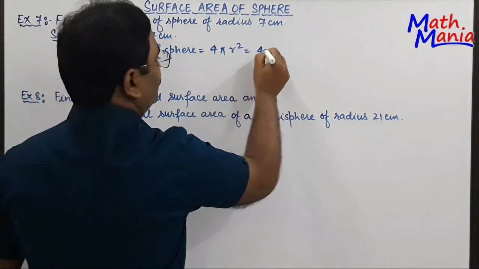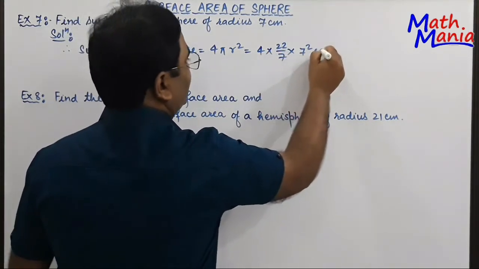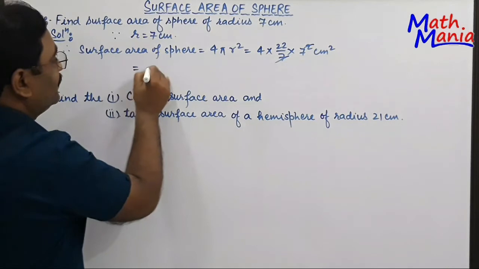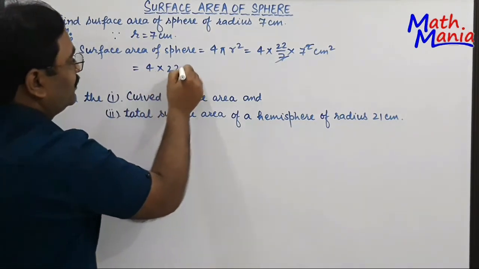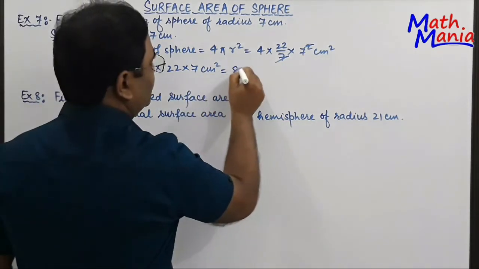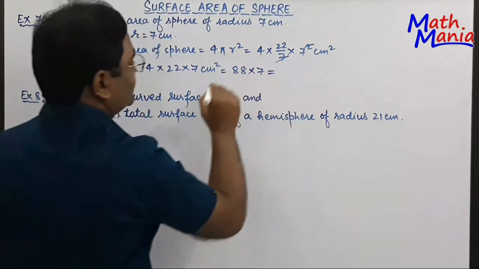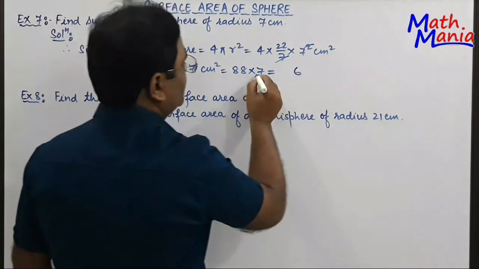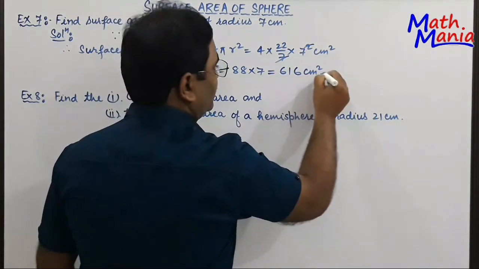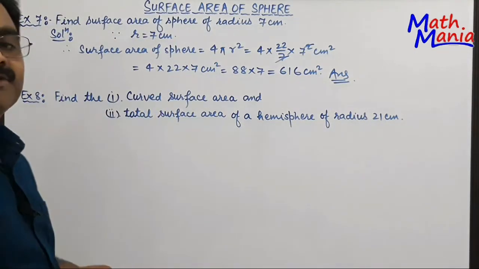So 4 pi is 4 into 22 upon 7 and r square means 7 square centimeter square. One 7 is cancelled. So we got 4 into 22 multiplied by 7 centimeter square, which is equal to 88 multiplied by 7 centimeter square. That can be written as 7 8s are 56, plus 7 8s are 56, plus 5 is 61, so 616 centimeter square is the required answer, or you can say the surface area of this sphere.